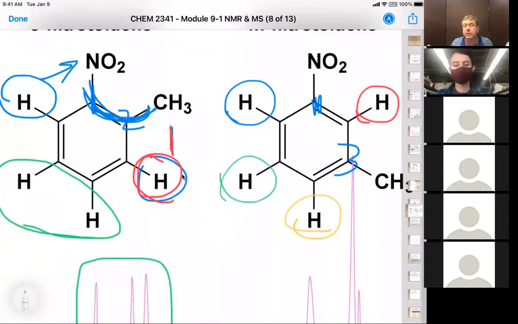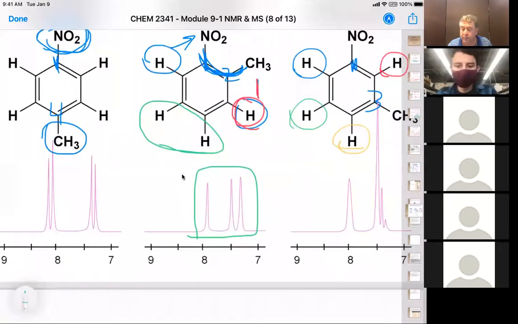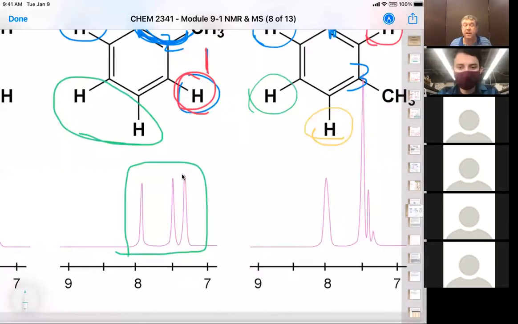Some are being shifted, some are being split, and some are splitting twice. So what you get is this complex multiplet peak whenever we have this kind of substitution, because we really have 3 or 4 non-equivalent hydrogens somewhere on there, each trying to split each other and shift in different ways. And so we get this much more complex peak when we have this 1,3 or meta pattern.